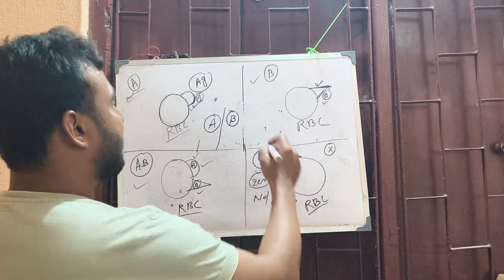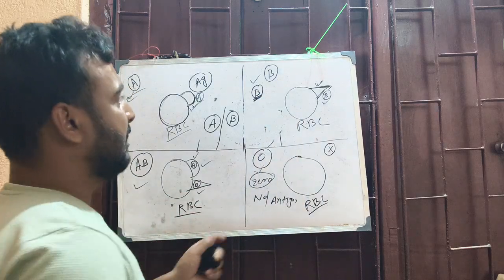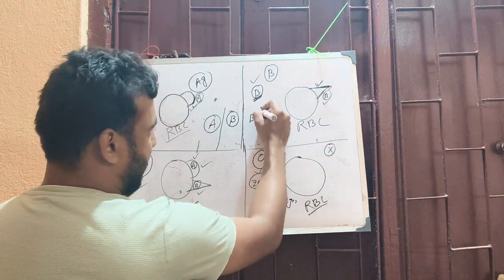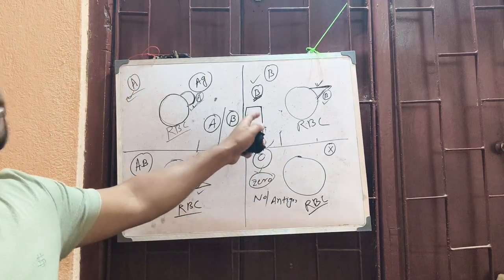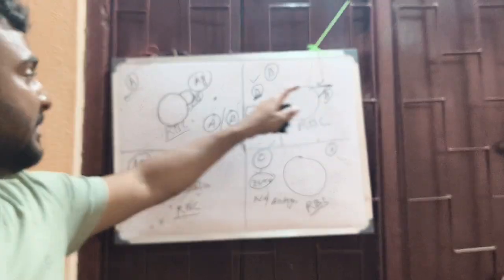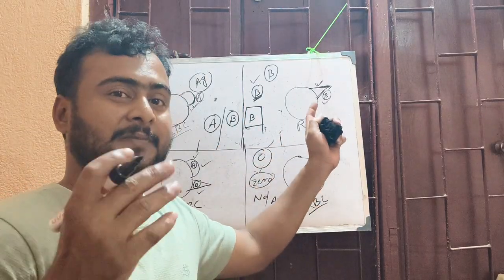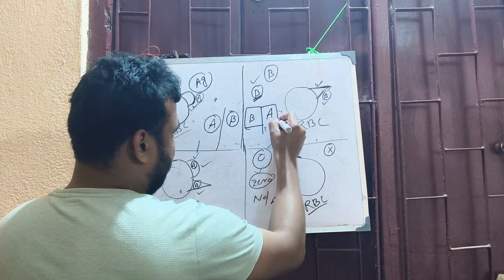In the case of B, B is our antigen which we have got from birth, and there should not be B antibody; there will be the opposite, the A antibody.